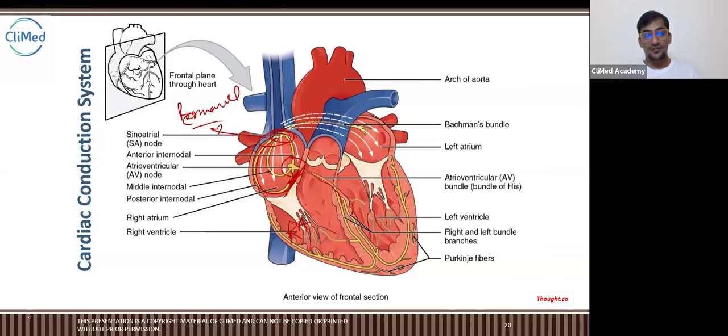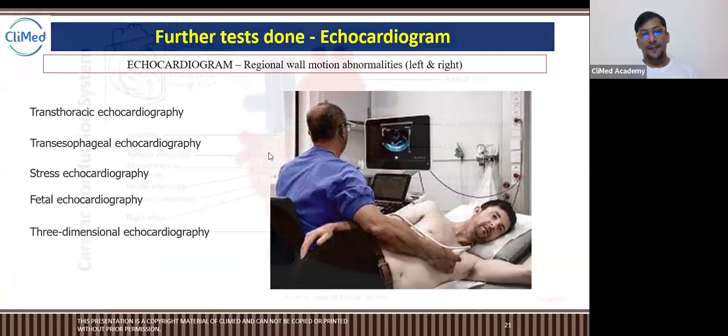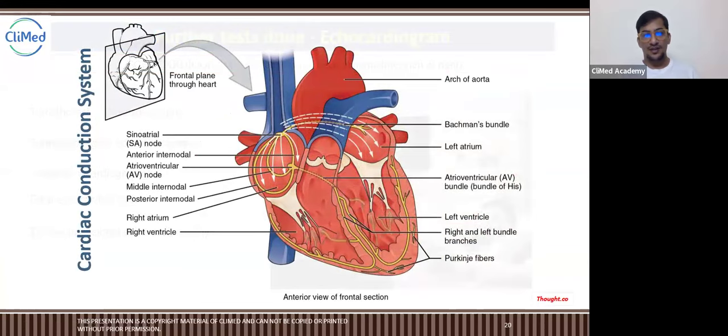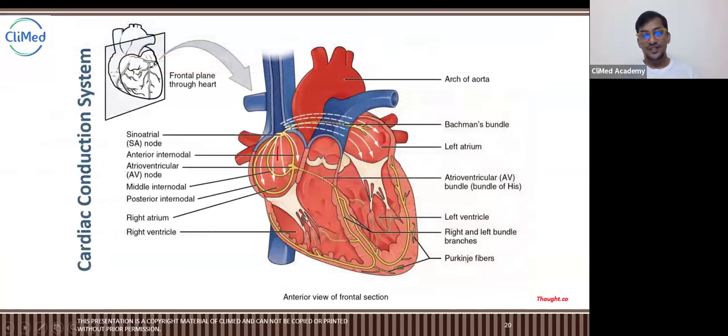I'm so sorry, guys, this is the ventricle, not atrium. Let me write again. This is the right atrium, this is the left atrium, this is the right ventricle, this is the left ventricle.